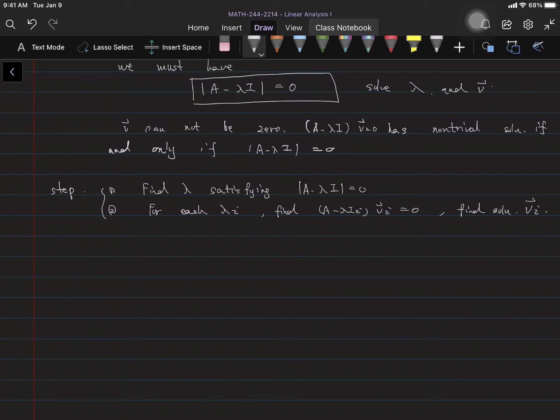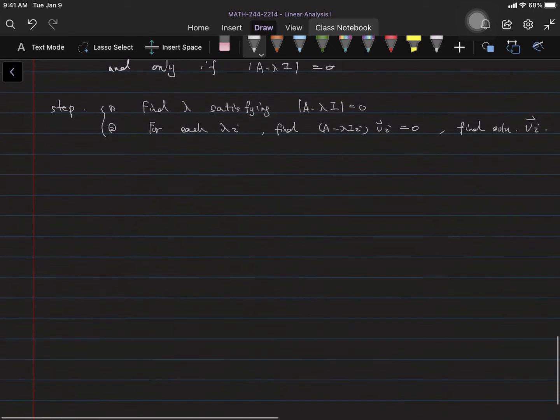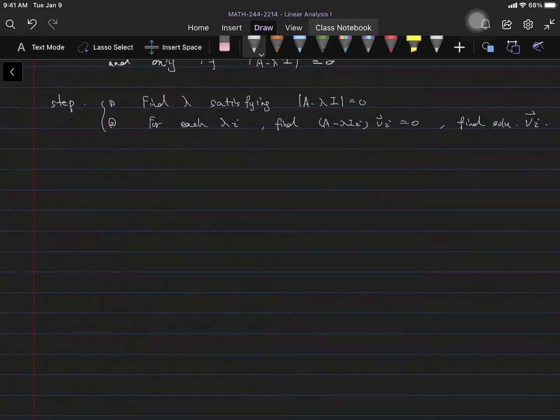Let's take a look at an example. Example 2. We have a 2 by 2 matrix.